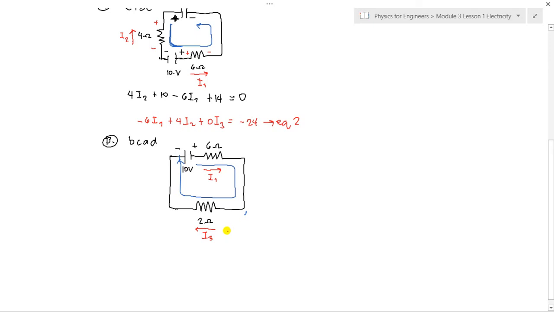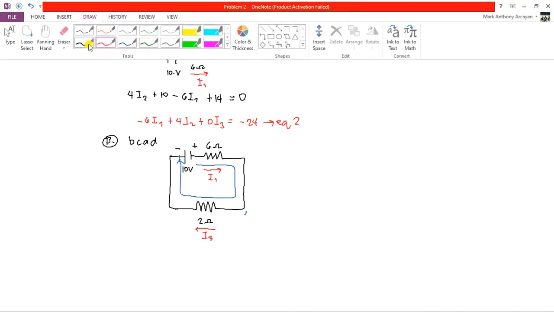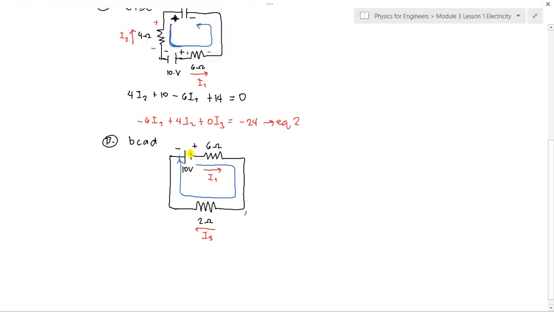Okay, so here we can deduce. For our source voltage, going negative to positive in the loop, that is positive 10. At the 6 ohm resistor, this is positive to negative, so it is a voltage drop. This is positive, then negative, so the voltage drop is minus 6I1. Then here, this is positive and negative, so it is also a voltage drop, so we have minus 2I3.